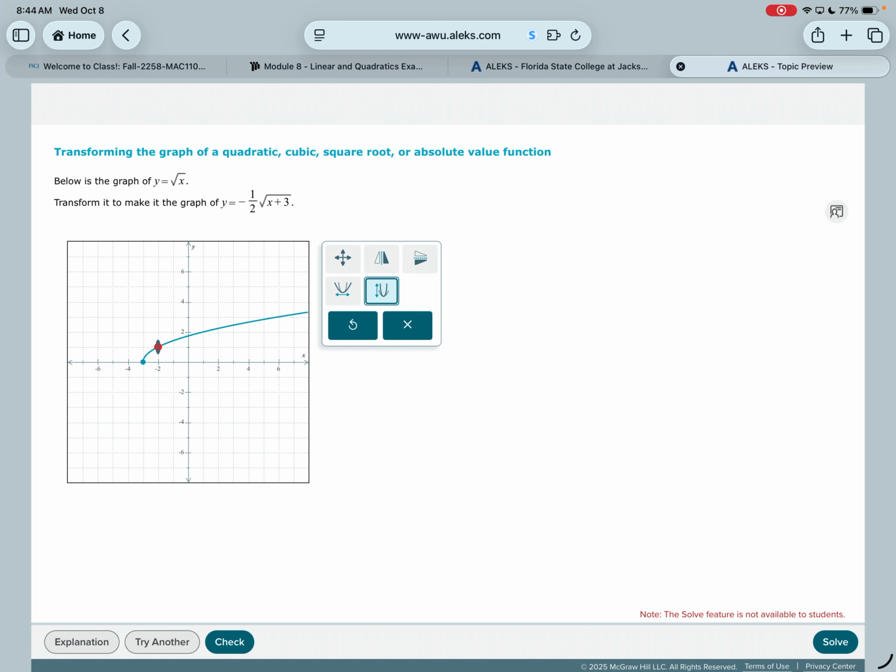So instead of being at y equals 1 right here, I'm going to try to move it down to y equals 1/2. It'll never make you do a different fraction than 1/2. So I'm going to vertically shrink it, so I push it down, okay? And then I do the negative, which reflects it across the x-axis because it's on the outside.